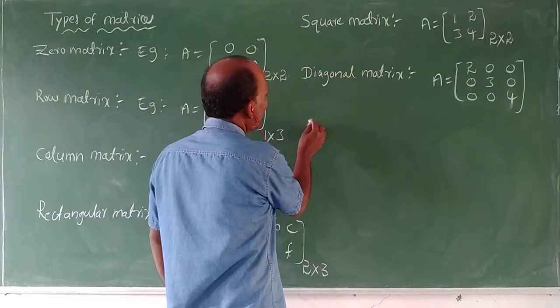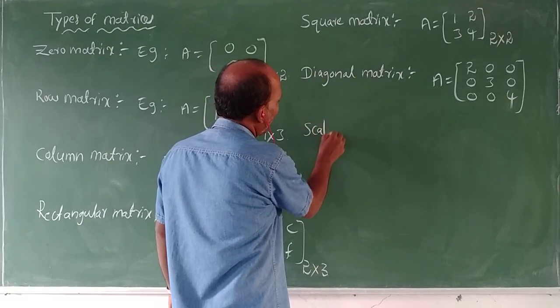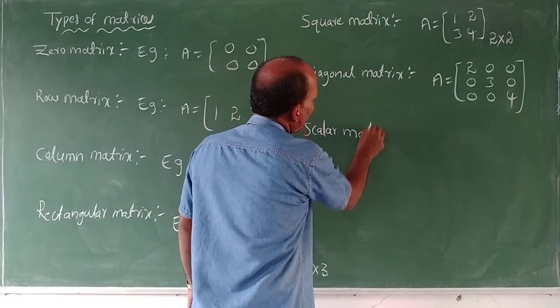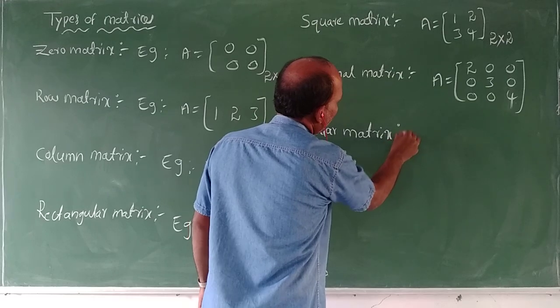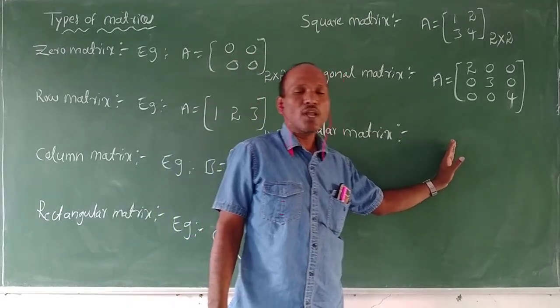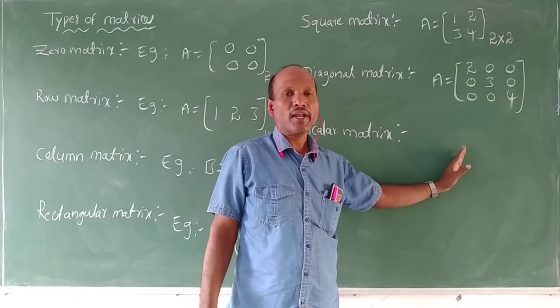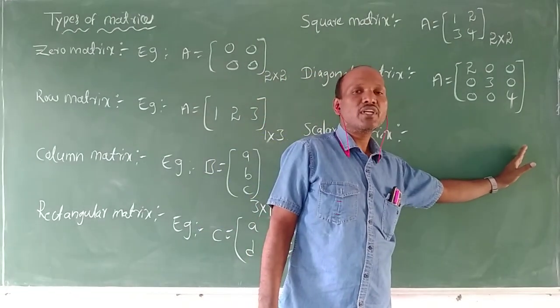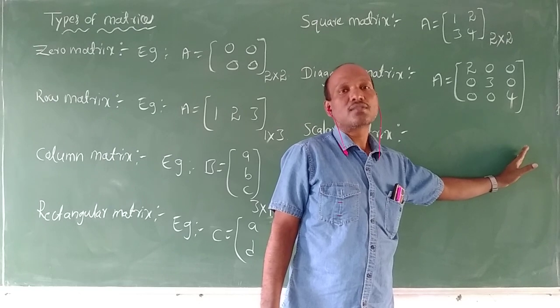Next, scalar matrix. Here, it is a diagonal matrix in which all diagonal elements are equal or same.